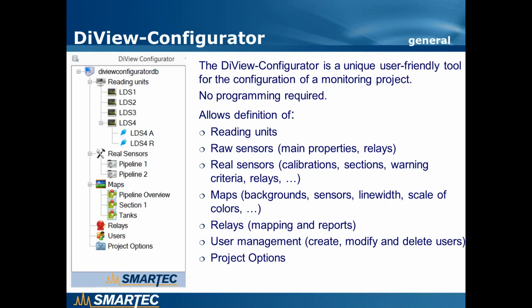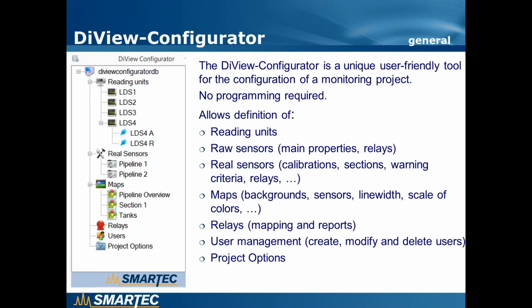Then you can specify the real sensor, indicating what is the calibration, what are the sections of the sensor, what are the warning criteria to apply to the sensor, and also the relays that should be controlled whenever there is an alarm condition. Then you can define also the maps, so you can specify what are the background, what are the sensors that are visualized on the map, what is the line width, and then the scale of color.